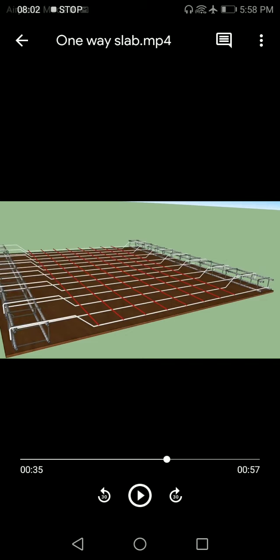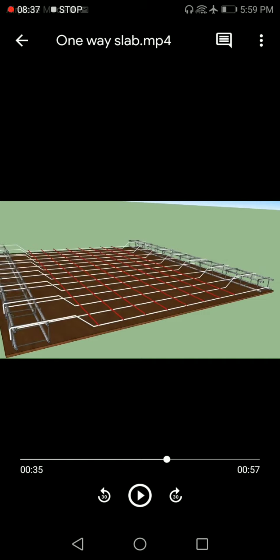This is most important. You should provide a gap between the main reinforcement and the outer edge of the slab, because if the gap is not provided, the reinforcement will be exposed to the environment, and it may be corroded due to air or moisture.